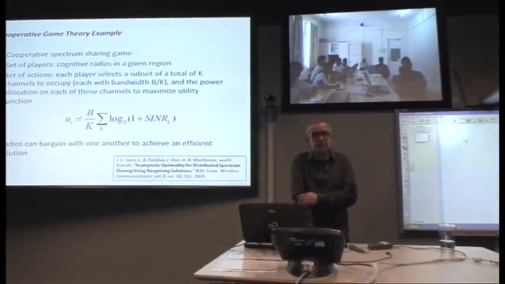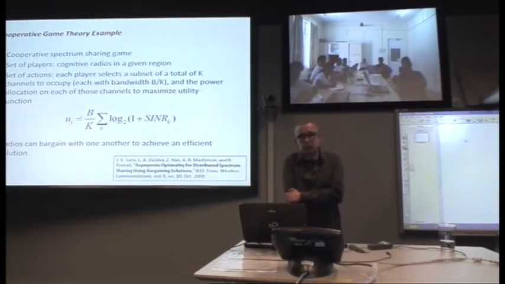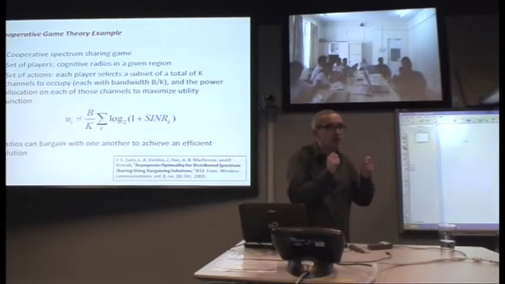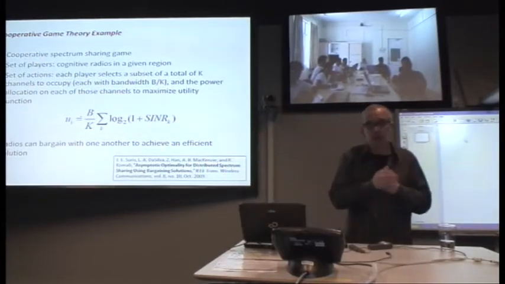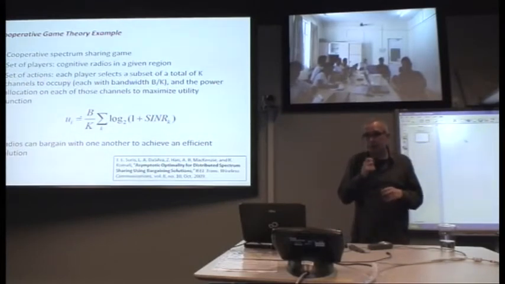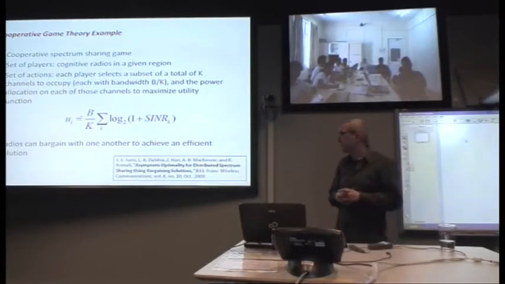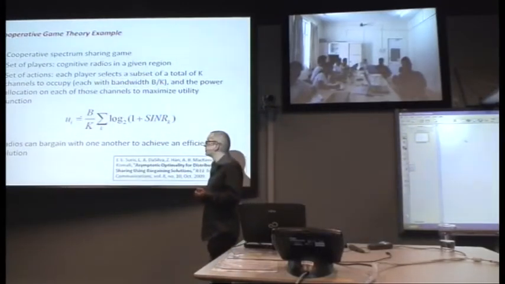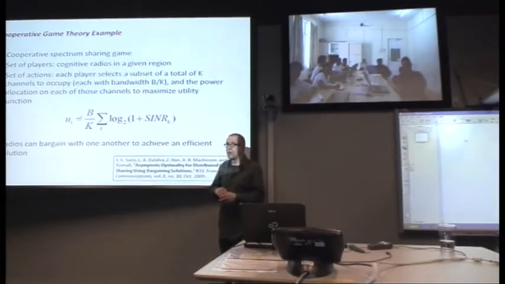The only difference is that Juan used cooperative game theory. Well, there are other differences, but the one main difference is that Juan used cooperative game theory to look at this example. So it means that the users can bargain with each other to try to achieve a good division of the spectrum. And then he looked at some different concepts of solutions under cooperative game theory.